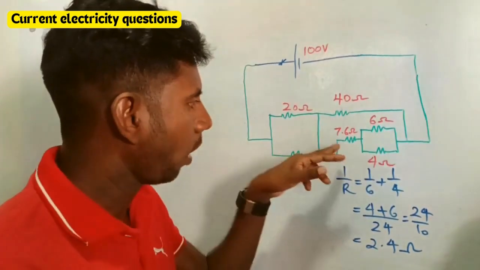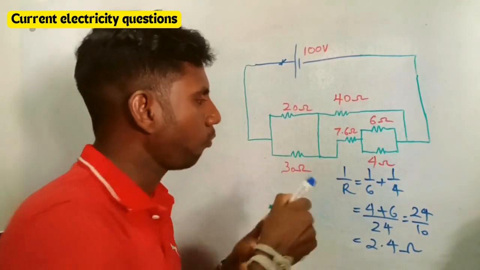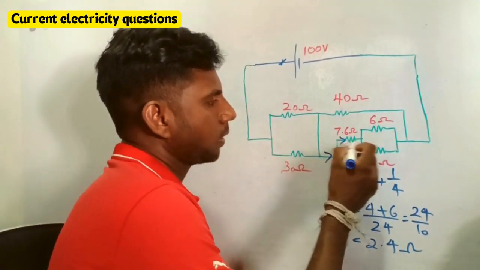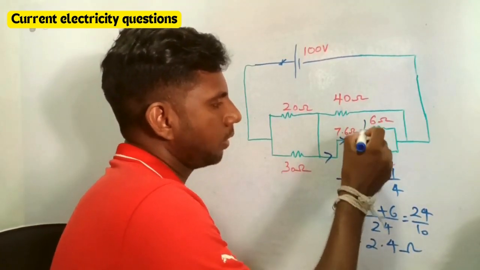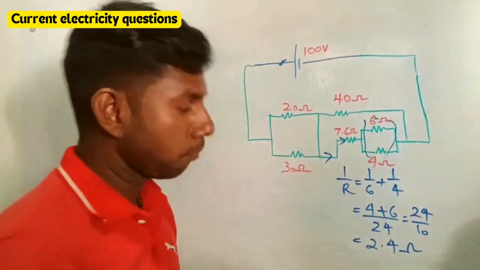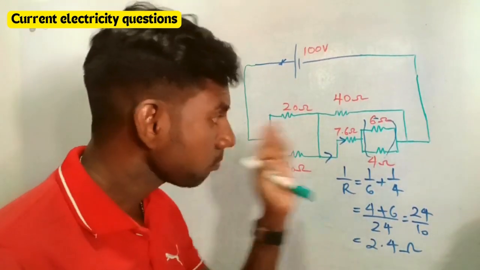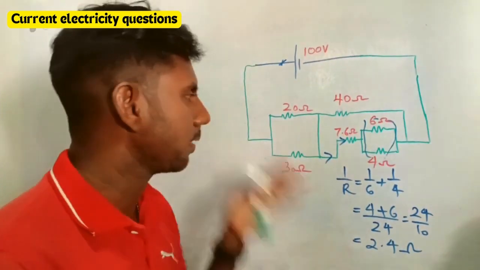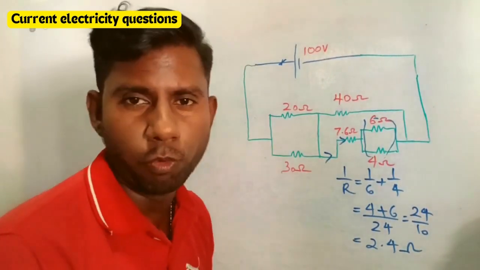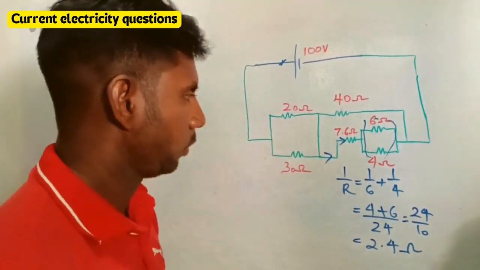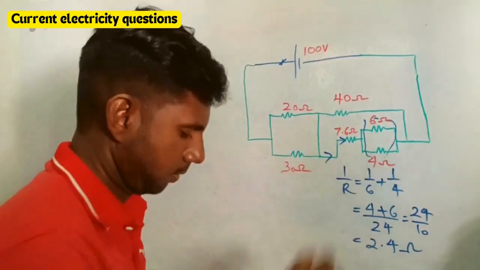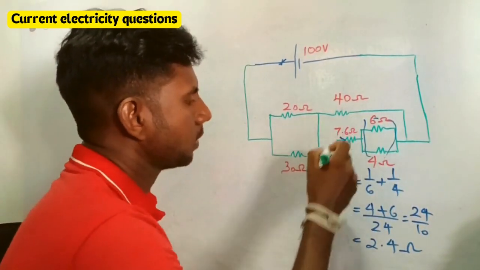Then I hope you can see the current flows from 7.6 to the other two resistors. That means 7.6 and this 2.4 are in series. So we can directly add 7.6 plus 2.4, that's 10. That means we have a 10 ohms resistor.